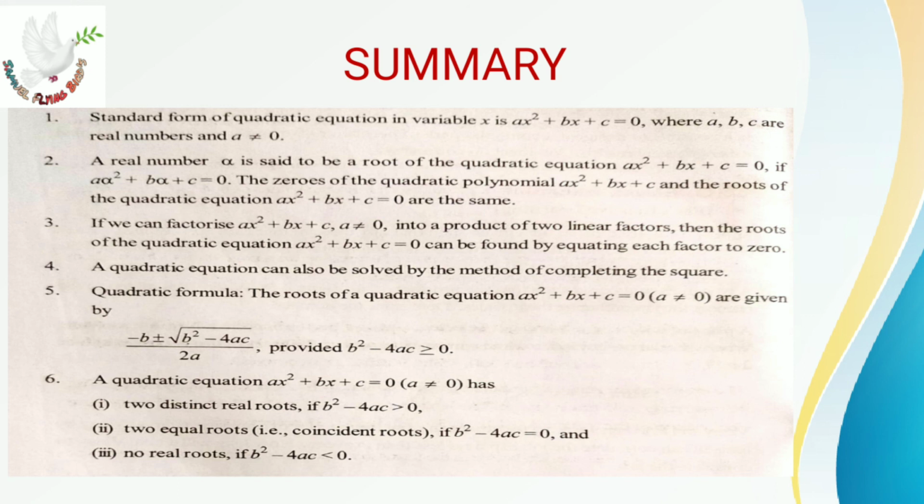In these three cases, we can study how the roots vary. In this chapter, we have learned about quadratic equations and finding the roots of a given quadratic expression, and by this we complete the chapter on quadratic equations.